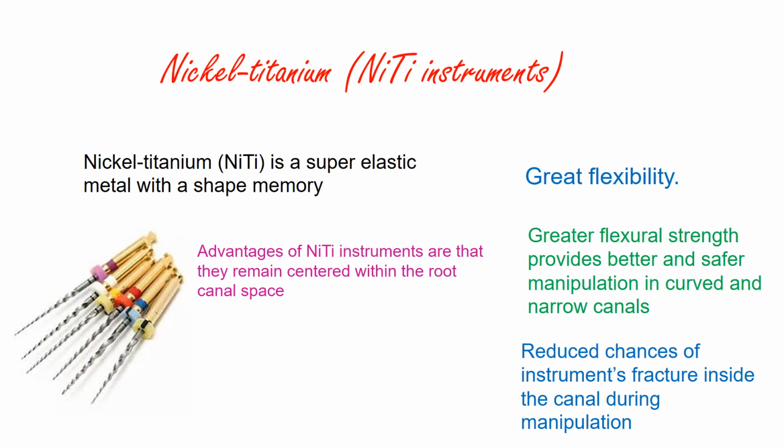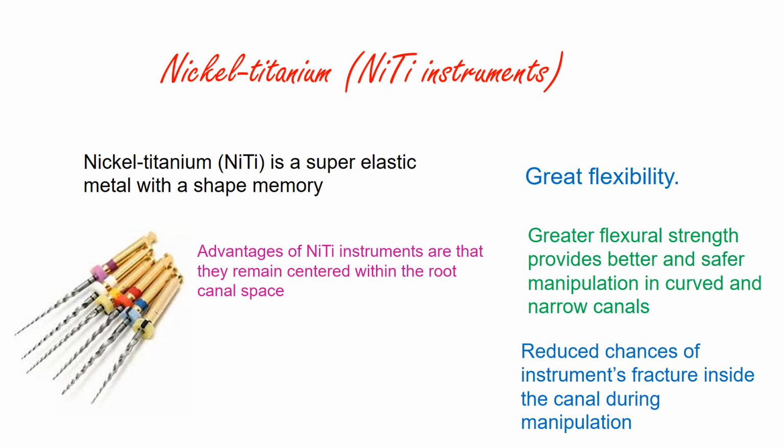The earlier files that we were using, like the manual K files, H files, C plus files, they were all made with stainless steel. Now with the advancement in technology, the niti systems came into existence, and the niti instruments have two unique properties. One is the shape memory and another one is the super elasticity.